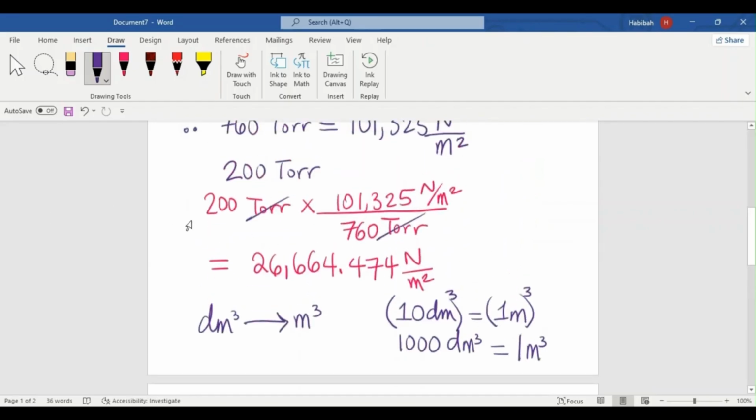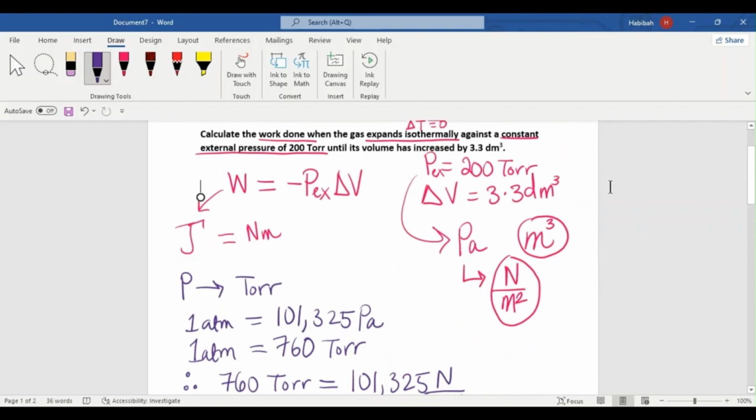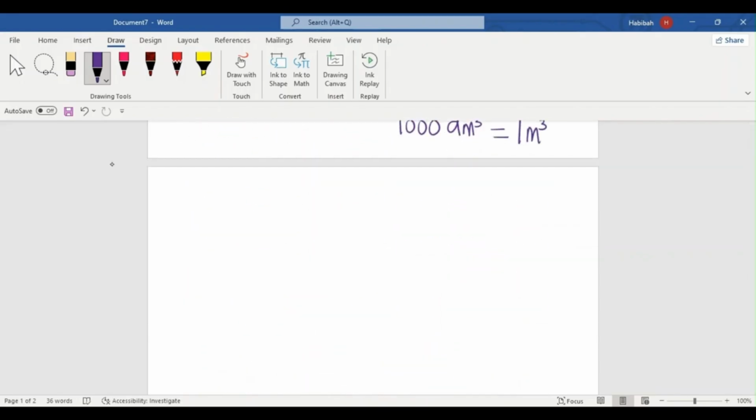But then we're told that the change in volume we're dealing with is 3.3 dm cubed, up top, the one I'm putting in the purple box. So what we just do is 3.3 dm cubed, using dimensional analysis again, times 1 meter cubed over 1000 dm cubed.